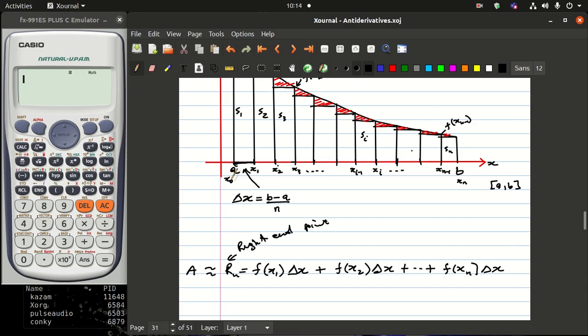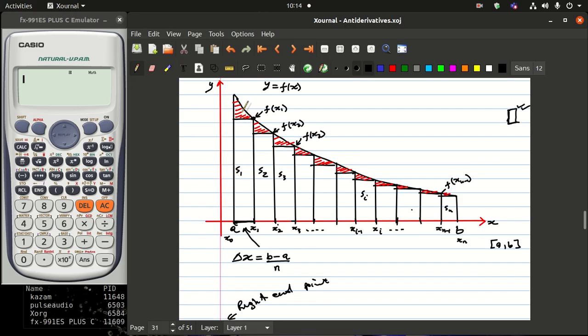Now, the next thing that we do, if we want the exact area, imagine I increase this n. In other words, when you're increasing this n, you want to have as many intervals as possible. I'm going to use this to explain what I'm saying. If I increase this n, we will have another interval here, another interval there, and so forth.